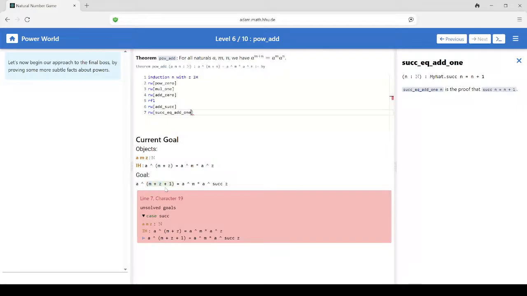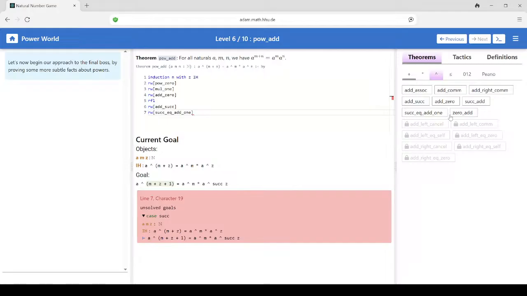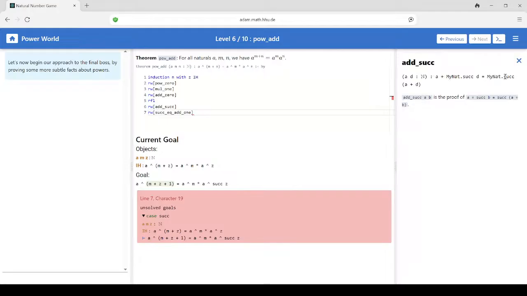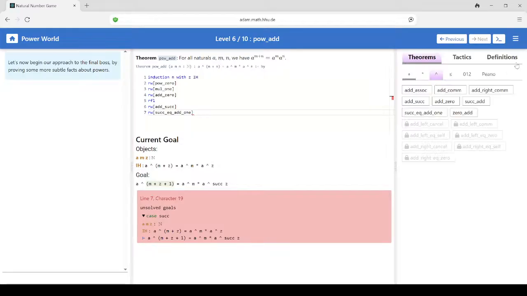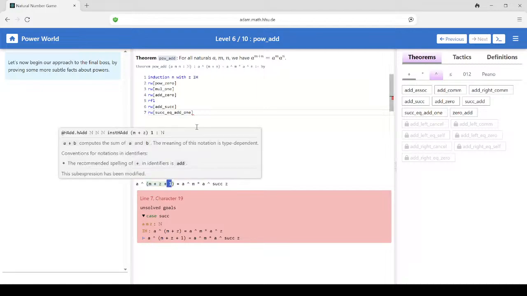Now we have M plus Z plus 1, which is something. This won't work as long as this plus 1 is here.